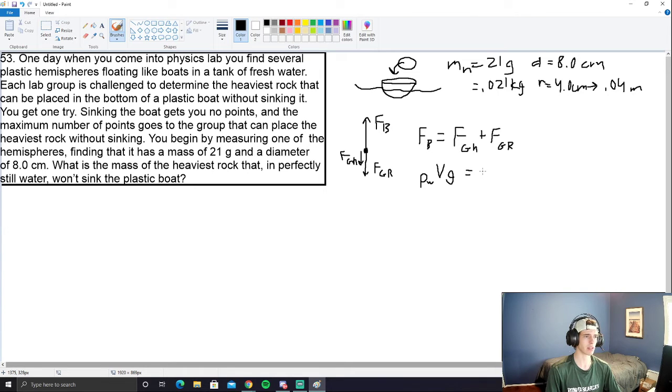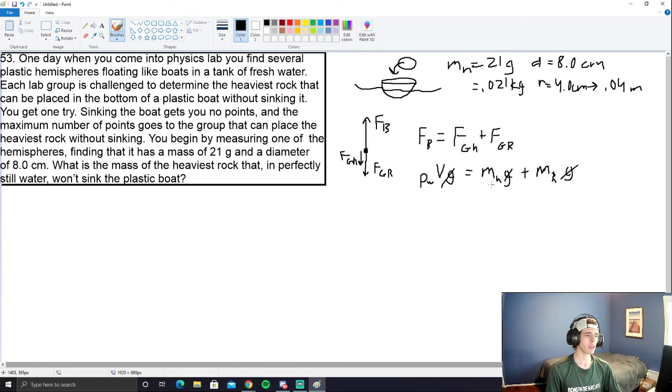we're just going to write this as mg, and that m is of the hemisphere, and this m will be for the rock. Since all these equations have a g, we could just cancel those out. So we're left with density times volume equals mass plus mass.